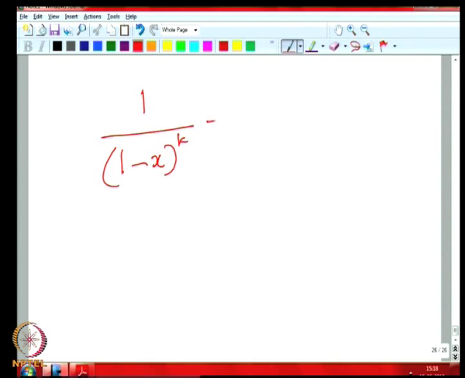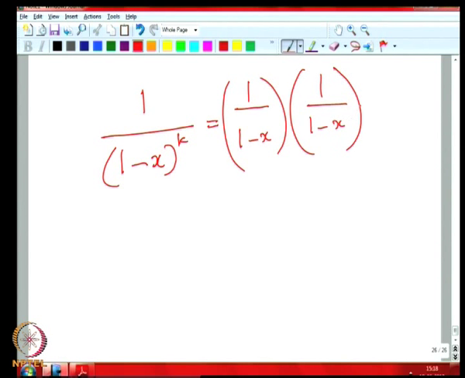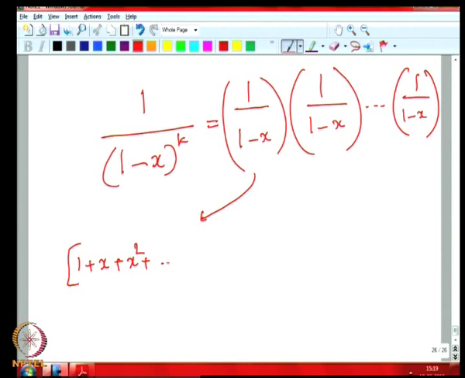How will you do this? You write it as 1 by 1 minus x into 1 by 1 minus x, and so on. There are k terms here. Each one expands to 1 plus x plus x squared plus x cubed and so on.